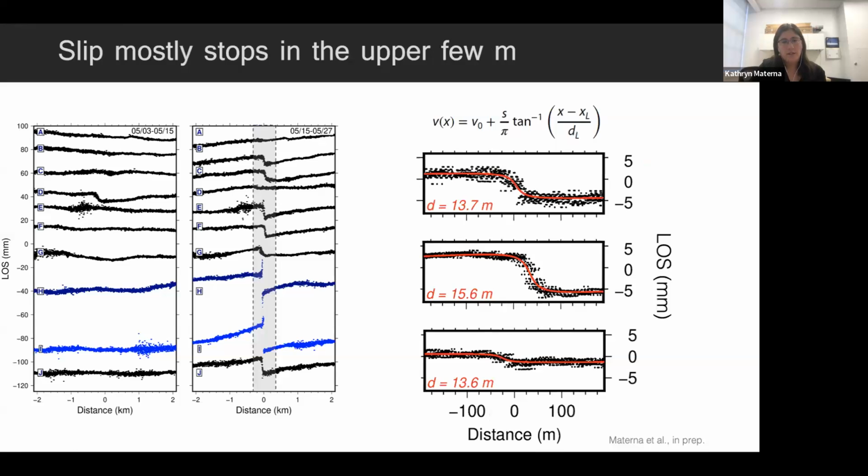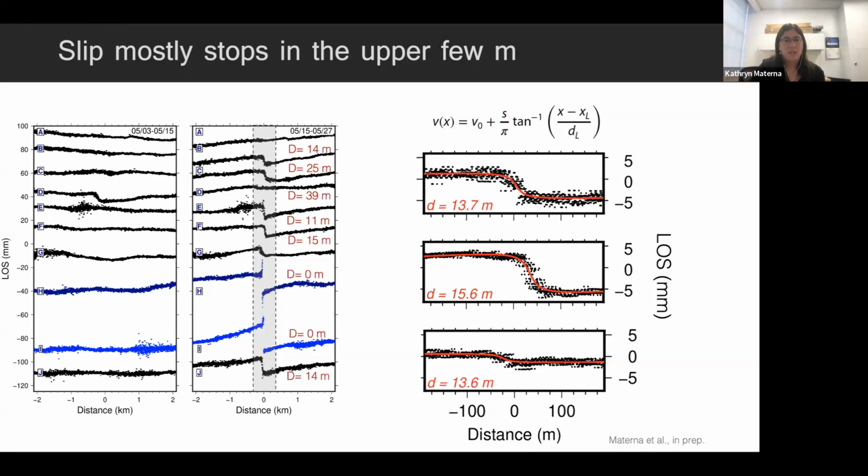So it's suggestive of a buried dislocation, and by modeling the width of the dislocation, we can estimate its locking depth. So for each of these profiles, we produced an arctangent shaped model, and we found that the locking depth is something like 15 meters.